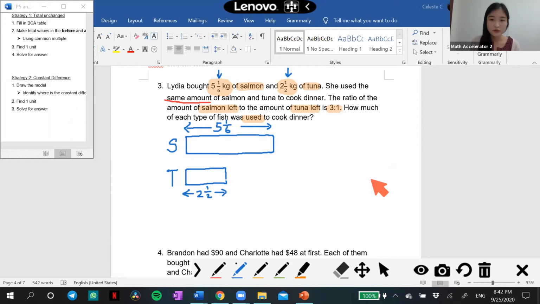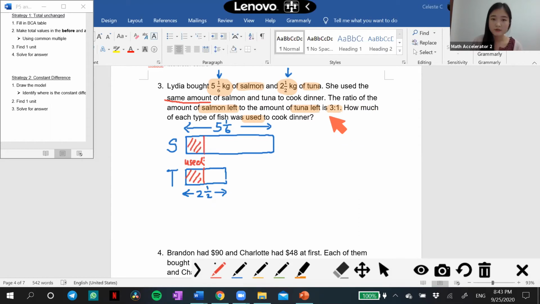Alright, so what else do you know? She used the same amount of salmon and tuna to cook dinner. Same amount. Right, so what we want to do is take out some parts of it. This is the amount used. Okay, it has to be the same. And what do we know?